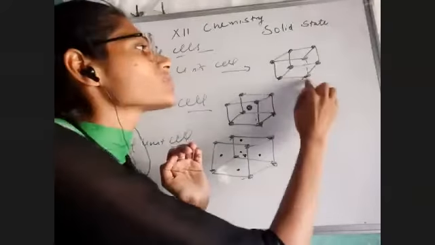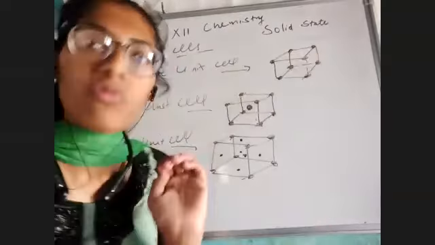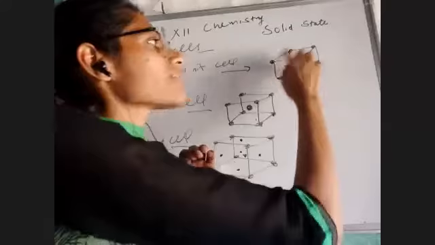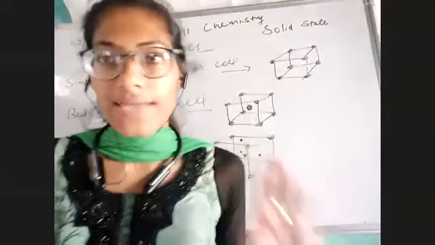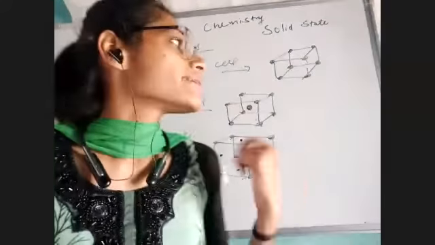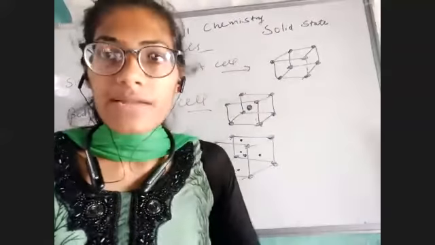So we have atoms present at all the corners. And how many points do we have? 1, 2, 3, 4, 5, 6, 7, 8. A total of 8 atoms.